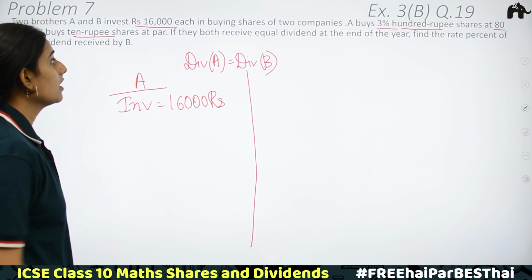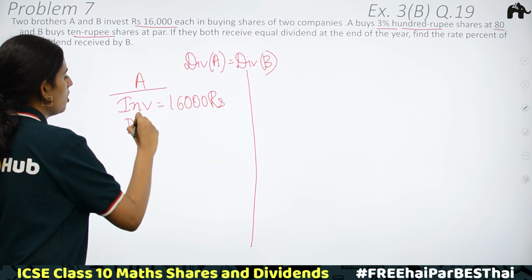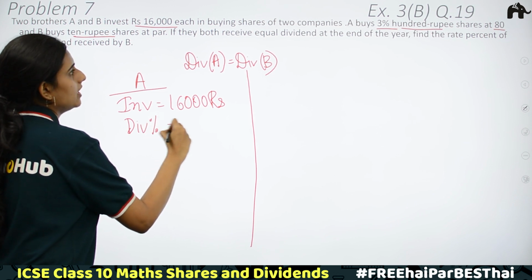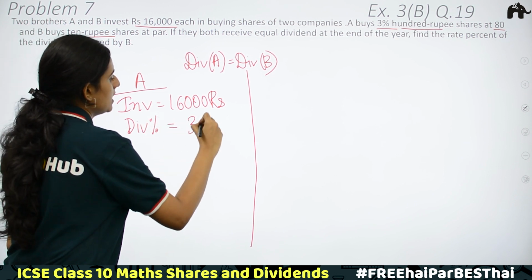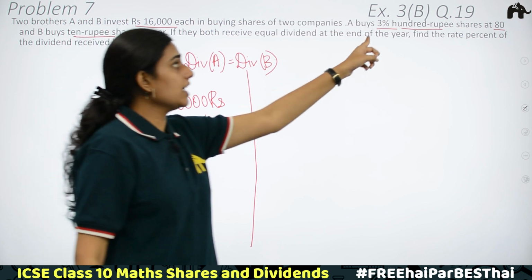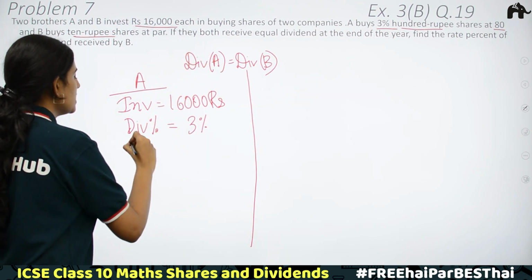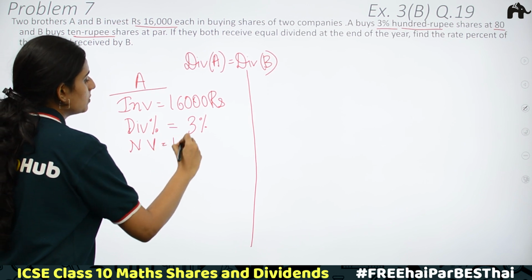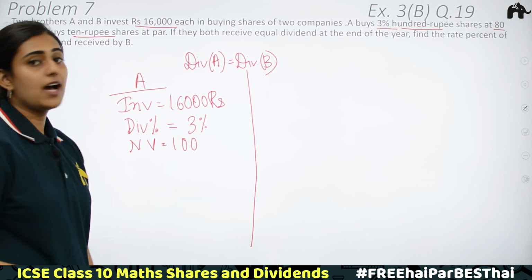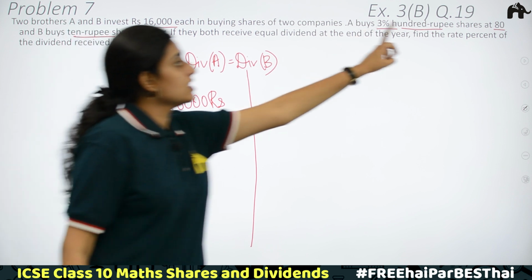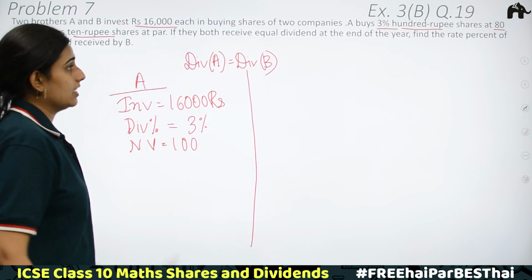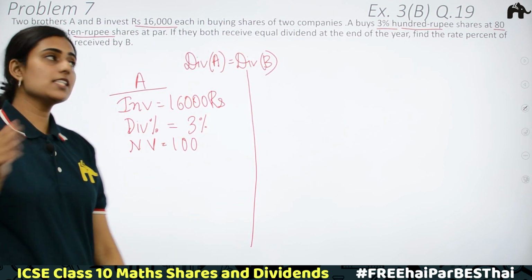Then, dividend percentage or the rate of dividend is given, that is 3%. A buys 3% 100 rupee shares. 100 rupees is the nominal value. Now, what is the market value here? Shares at 80, which means market value is 80.